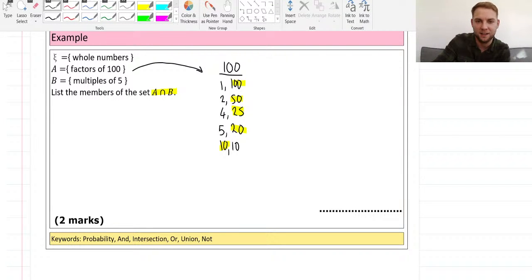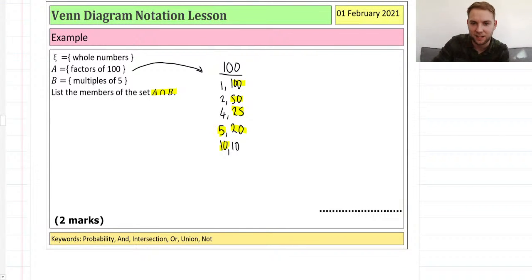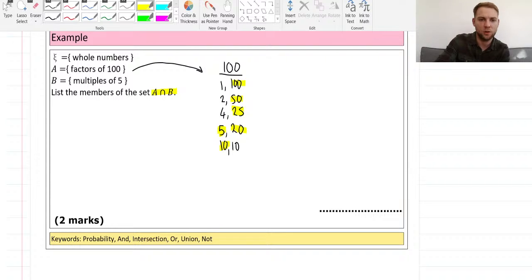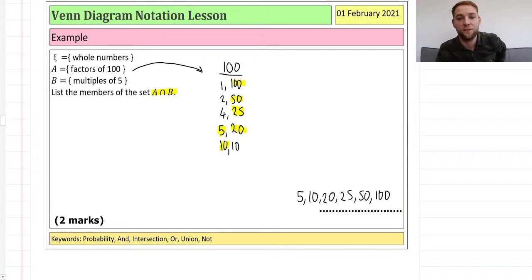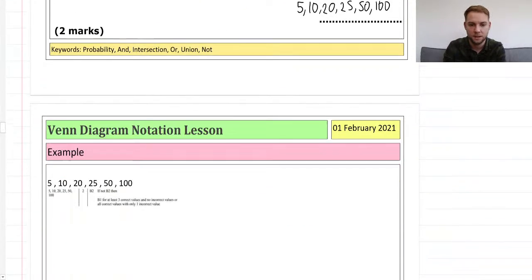What a silly Billy. 5 is obviously a multiple of 5. So the multiples here are going to be 5, 10, 20, 25, 50, and 100. So these are all the factors of 100 which are also multiples of 5. Brilliant.